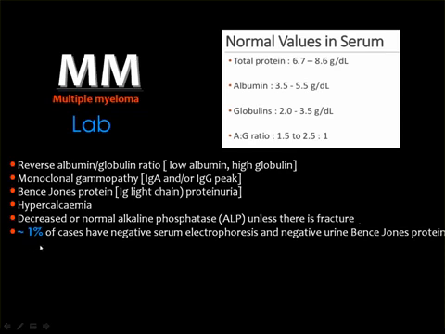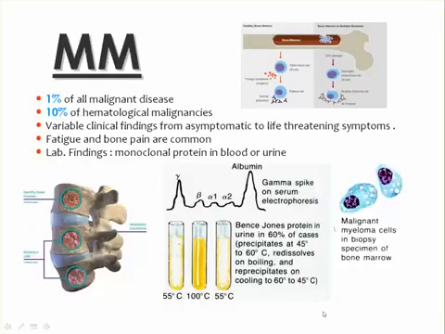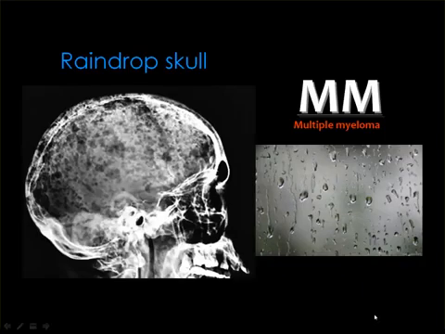About 1% of the cases have negative serum electrophoresis and negative urine for Bence Jones protein. Multiple myeloma represents 1% of all malignant disease, 10% of hematologic malignancies, and the clinical appearances I have mentioned, and also I have mentioned the laboratory findings.